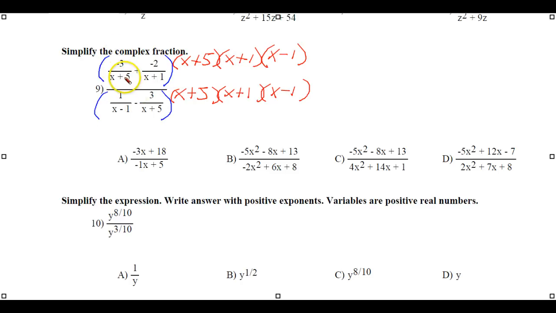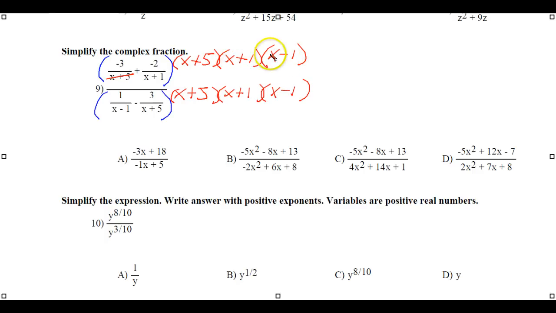So it's an x plus 5, an x plus 1, and also this x minus 1. So you write that on the top, write that at the bottom, and now you're going to multiply this term by this. Notice that this then cancels out.